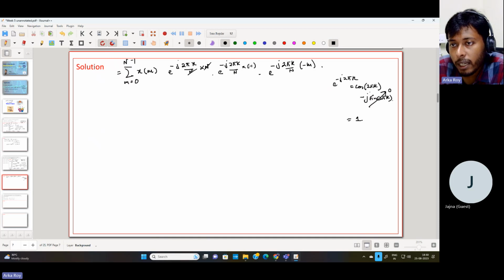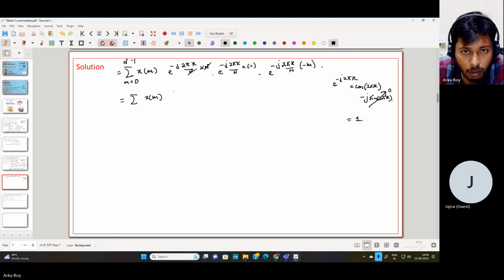Any multiple of 2 pi inside the argument of cos, then the output will be 1. Therefore, I can simplify it as x of m. Then this whole thing will basically converge to 1.